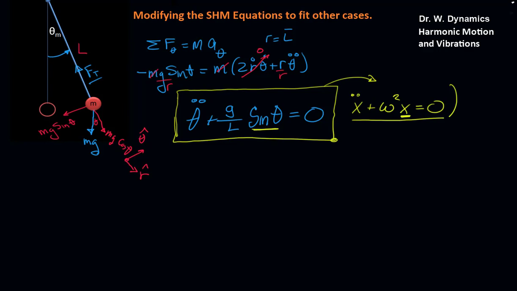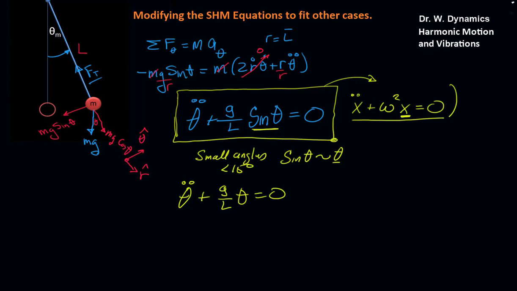However, there's a small modification we can make here, and that is for small angles, typically less than 15 degrees, the sine of theta is approximately equal to theta in radians. So if we make a small angle approximation here, this does reduce to, in which case this does match our characteristic equation, and right here that value is omega squared.